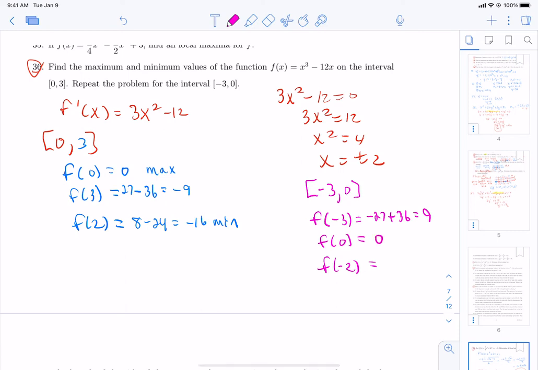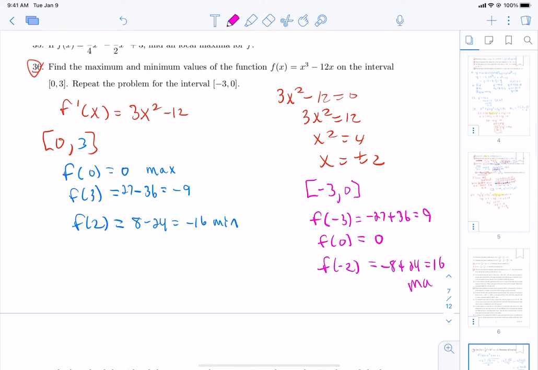Plug in 0, you get 0. Plug in negative 2, you get negative 8 plus 24, which is 16. This time our max is 16 and our minimum is 0. So it could switch around depending on the interval.